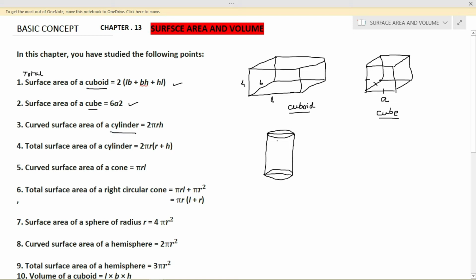This is actually the circular base. Okay, and from this point to the lowest point, this is considered the height of the cylinder, and this part is the radius of the cylinder. The cylinder has only the base radius and the height.